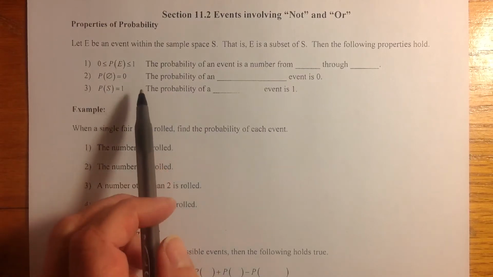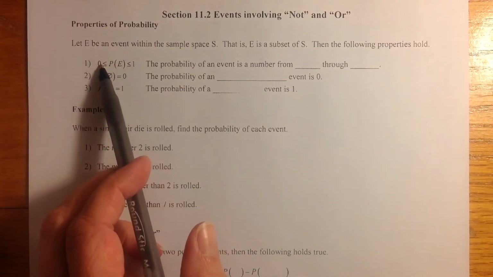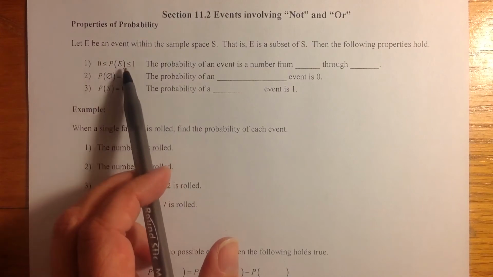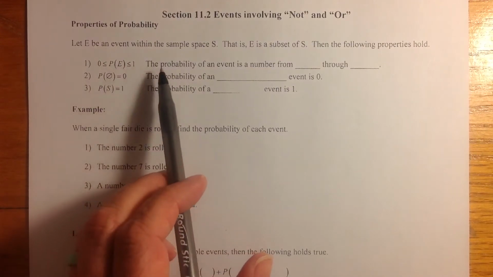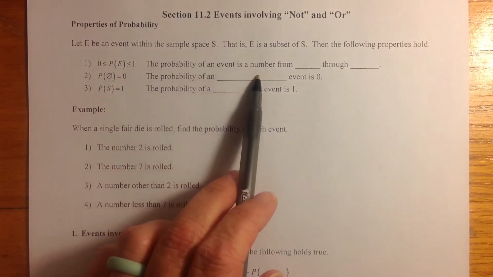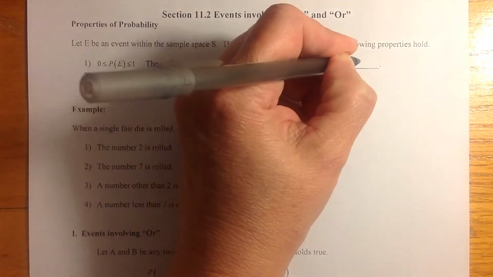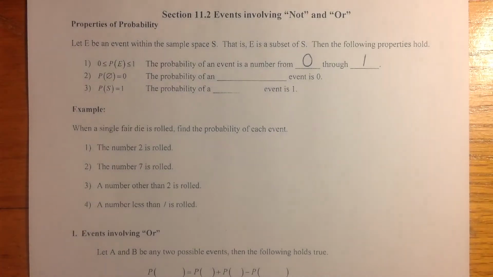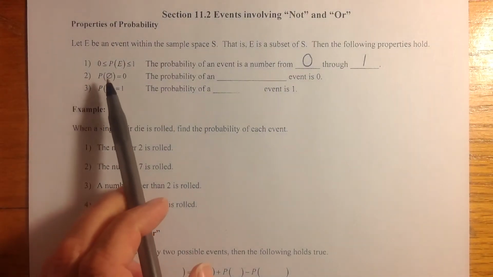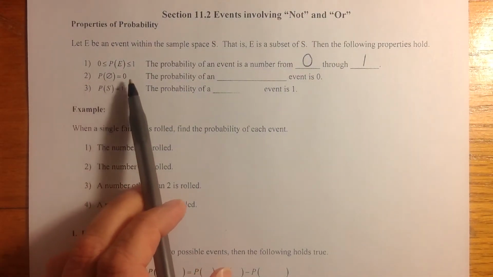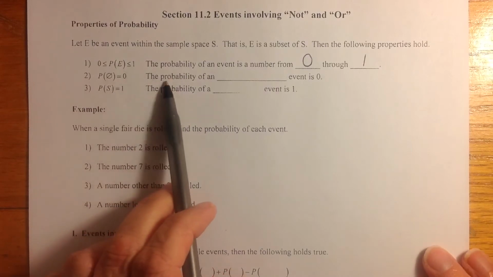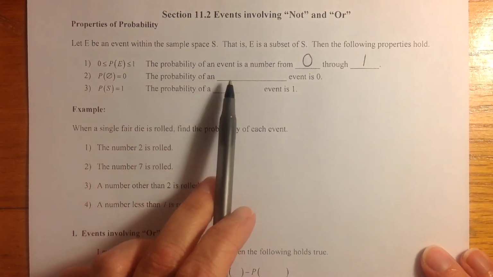Remember, we said the probability of an event could be 0 or 1 or any value between. So the probability of an event is a number from 0 through 1. The probability of the empty set is equal to 0. This means the probability of an impossible event.